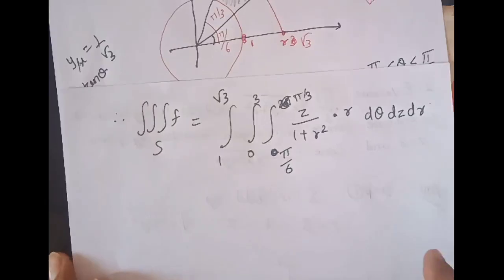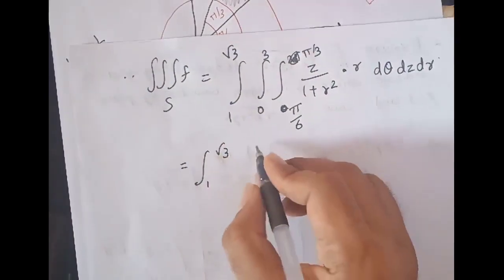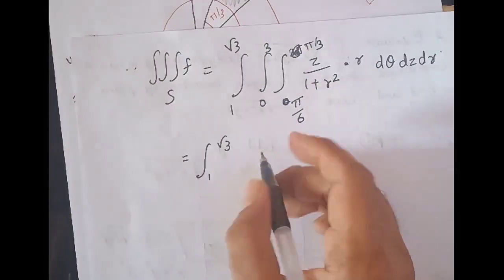Okay, so this is the conversion. Now we will integrate one by one. So this is r from 1 to square root of 3. With respect to theta, everything is constant.